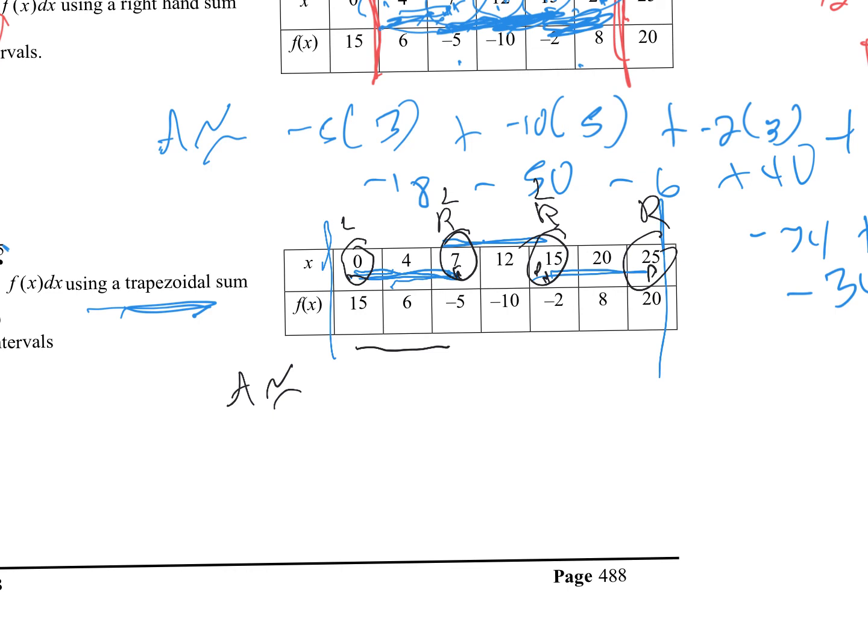This is a 7 difference. This is a 8 difference. So I need to realize that the first trapezoid will be the distance between 0 and 7, which is 7. 1/2 times the base, so that distance here is 7 halves times f of 0, which is 15, plus f of 7, which is a -5, plus, now from 7 to the 15, that distance was an 8.